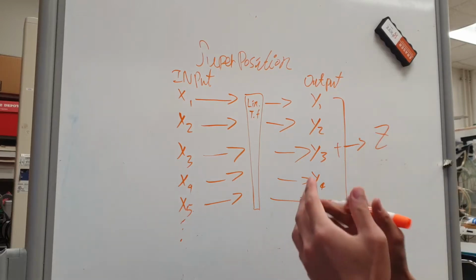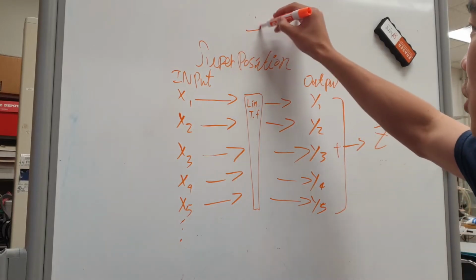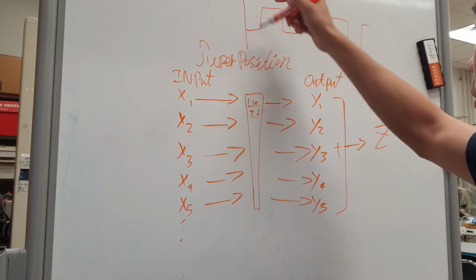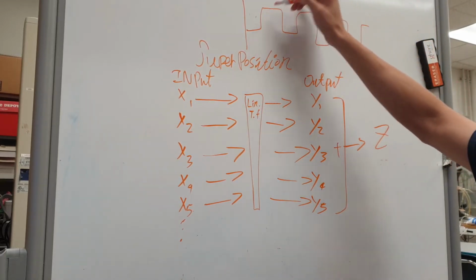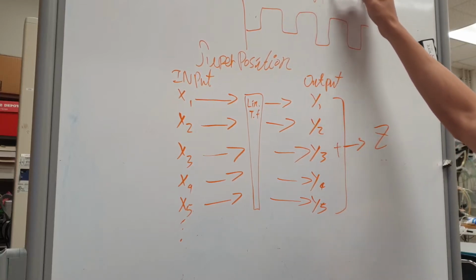So in order to get an output of a complex periodic function, let's say we have this complex periodic function that looks like a box, and this is actually going to consist of lots of harmonics.